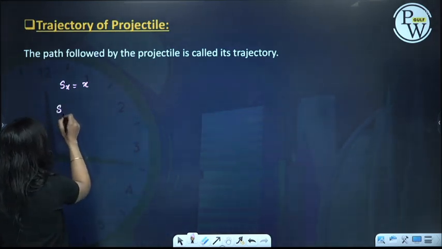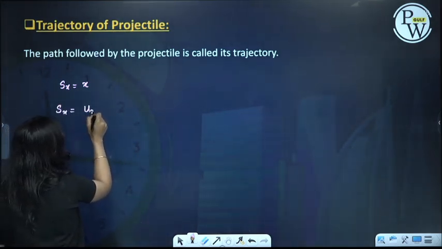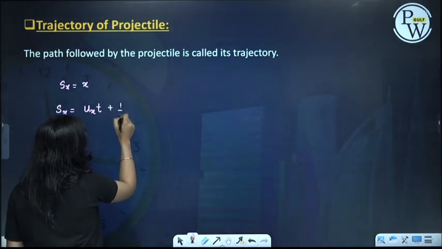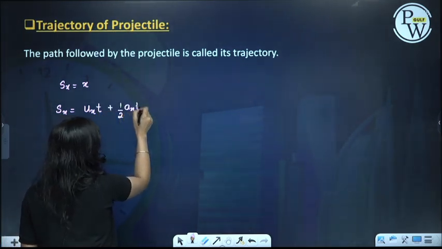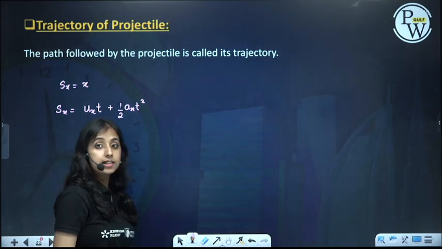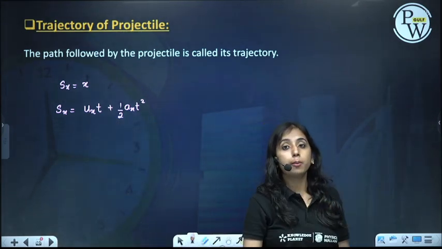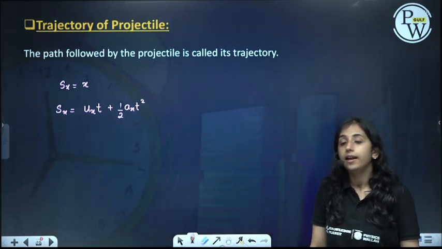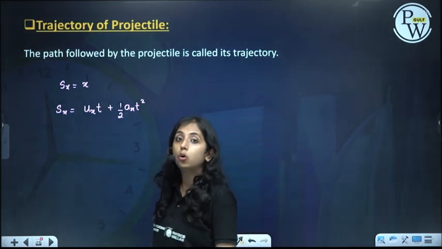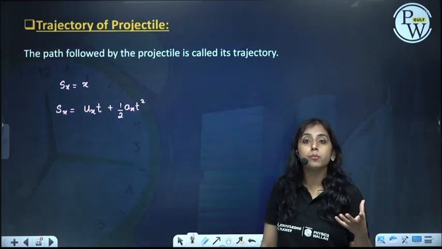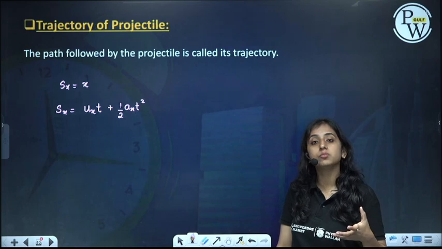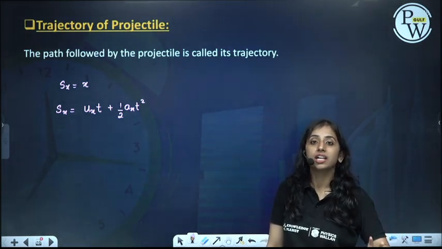So Sx will be equal to uxt plus half ax t square. Because ax is 0, we have uniform motion in x direction.